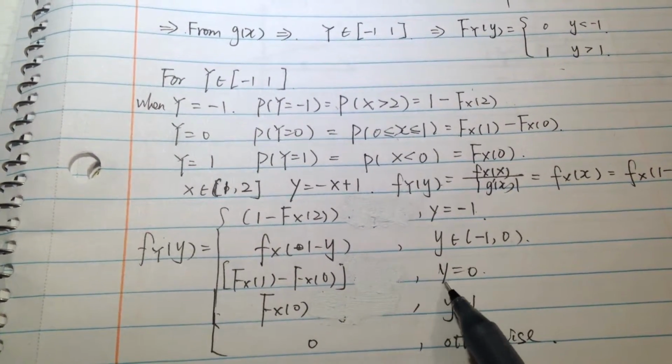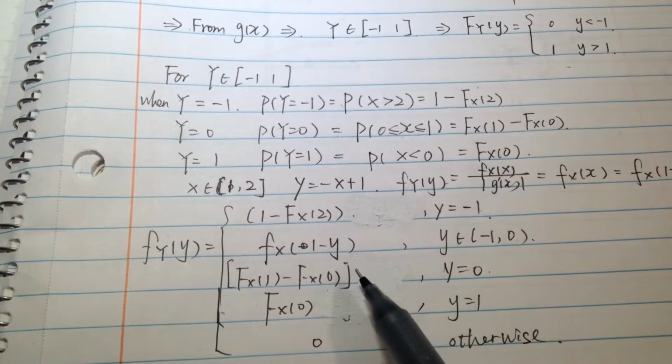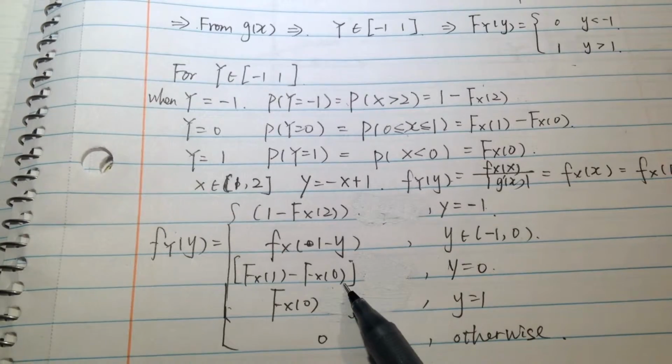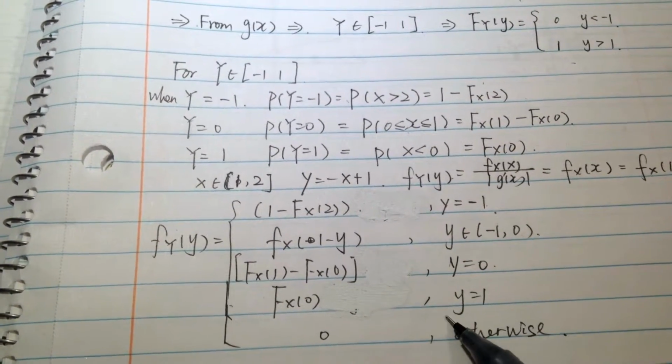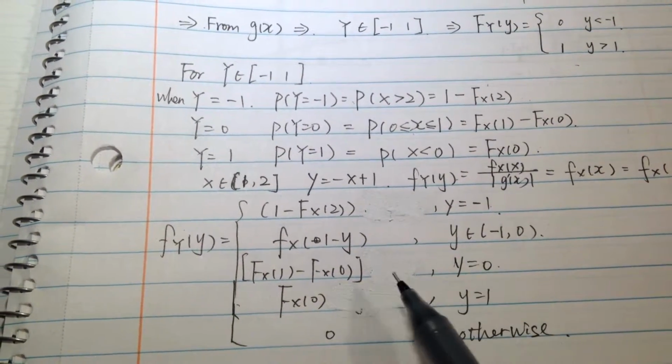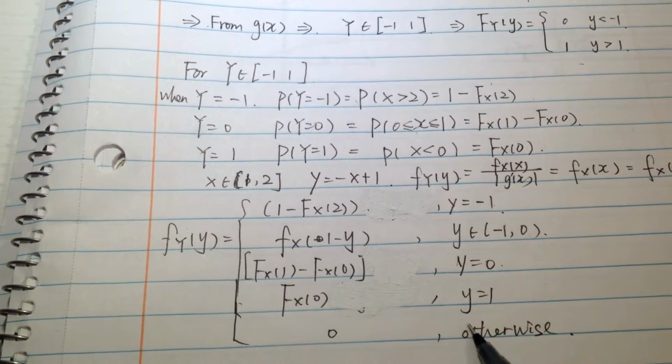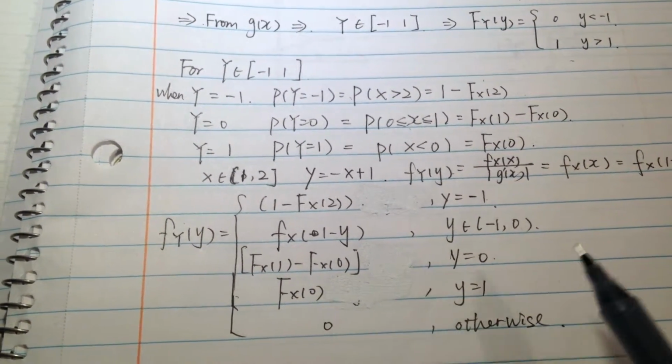When Y equals 0, it is equal to Fx(1) minus Fx(0). And when Y equals 1, it is equal to Fx(0), otherwise the value is 0.